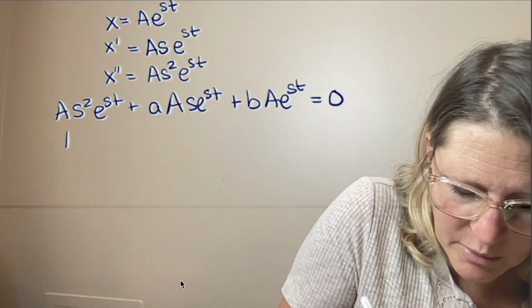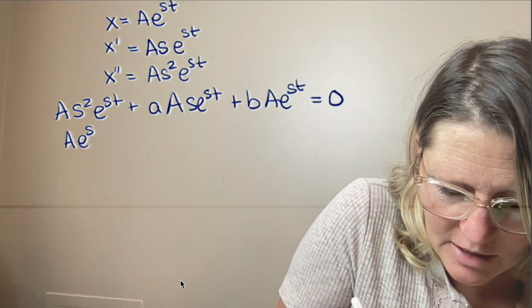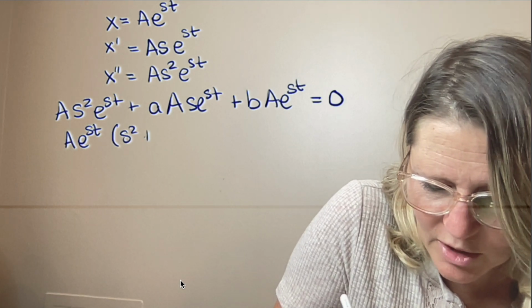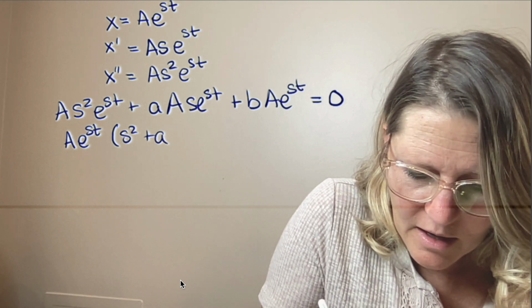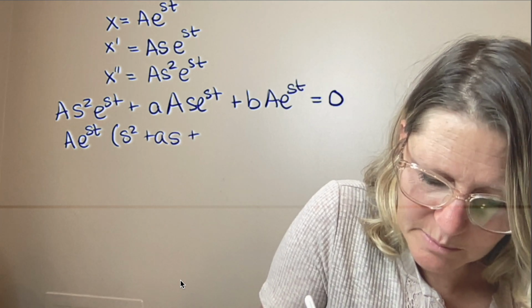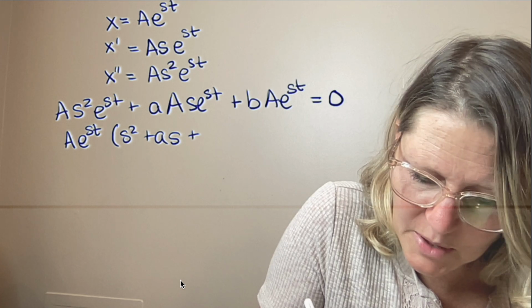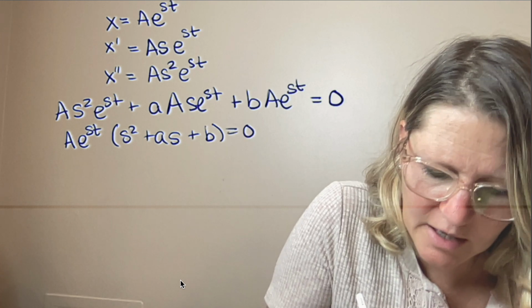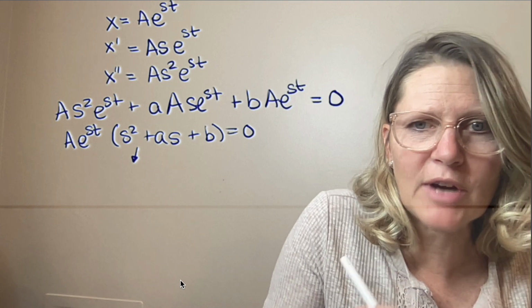So I can pull out an AE to the ST, and that gives me S squared plus AS plus B. Then I can solve this as a quadratic.